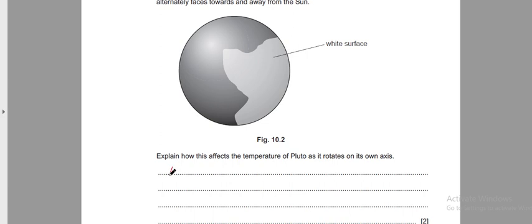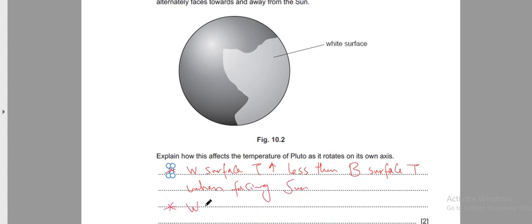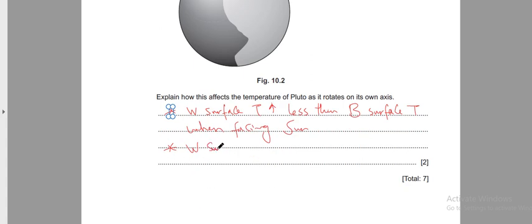So we can say that the white surface temperature increases less than the black surface temperature when facing the sun, and the white surface temperature also decreases less than the black surface temperature when facing away from the sun.